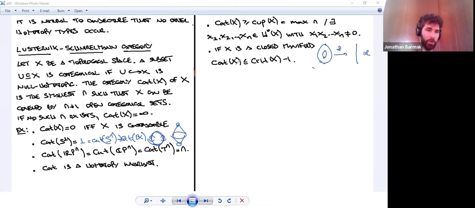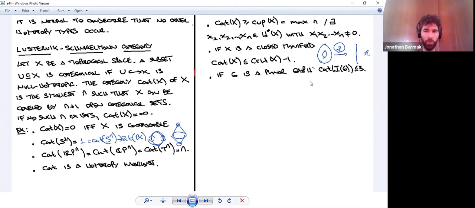So the category of the torus is less than or equal to 3. In fact, it is 2. There are smarter functions that we can use to have just 3 critical points, not 4. These are just some results to give you some flavor of what this Lusternik-Schnirelmann category is.